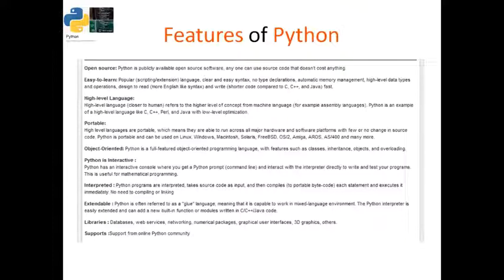And coming to extendable, Python is often referred to as glue. Some functionality is there, and we can add some other functionality to it. That is possible with Python. Okay. And libraries. Fortunately, Python will help us connect to databases, web services, networking, and numerical packages like graphical user interfaces. All these things can be developed, from database applications, web applications, numerical and networking, as well as 3D graphics.